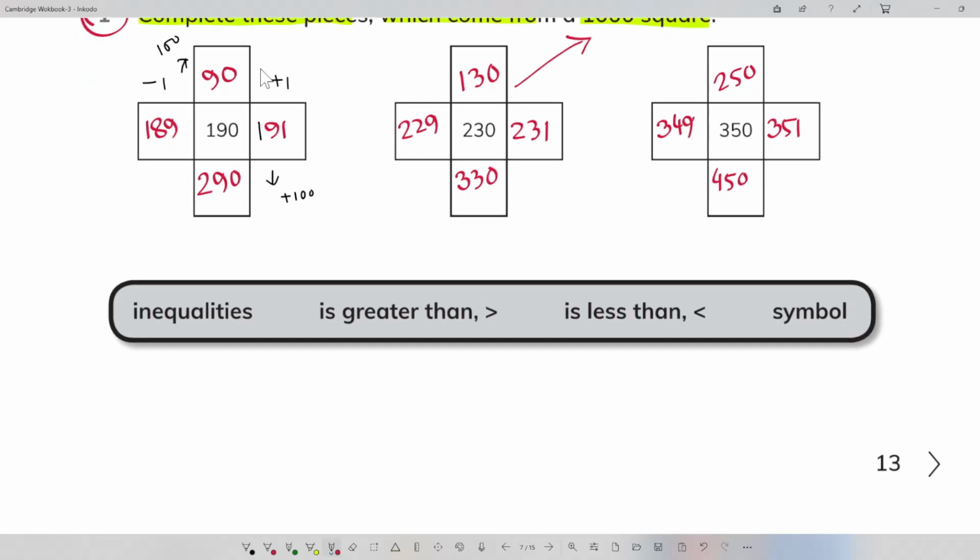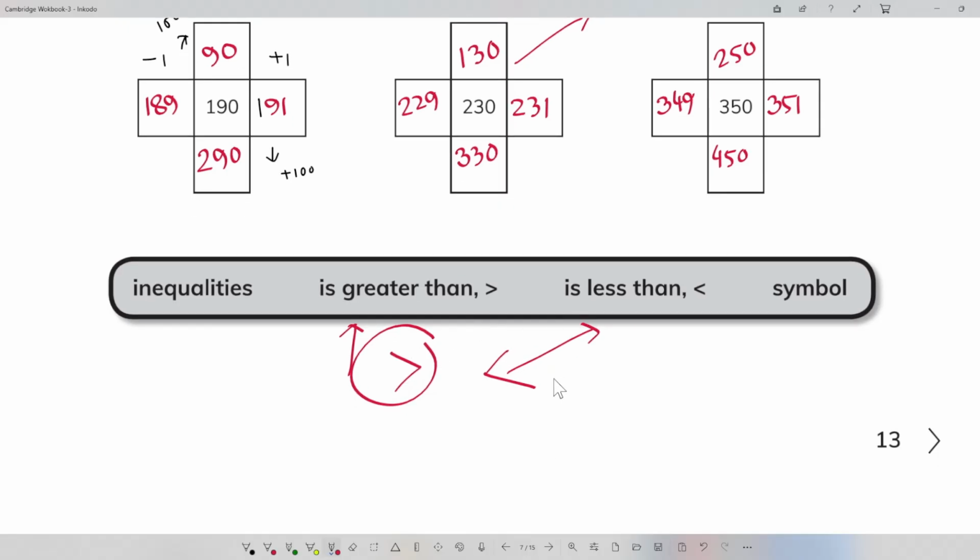Now we have to learn about the inequality symbols. Here are two signs, one is this one and one is that one. This one is greater than, and this one is less than.